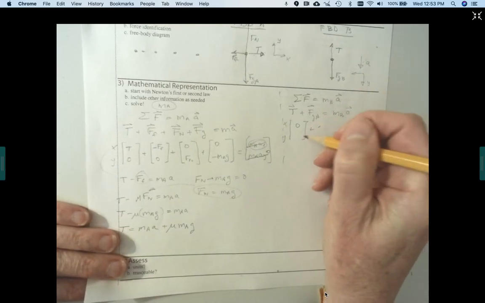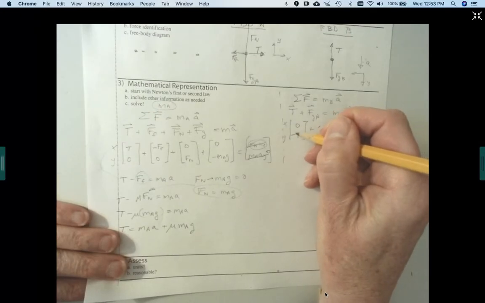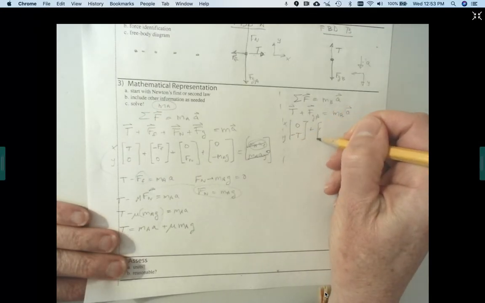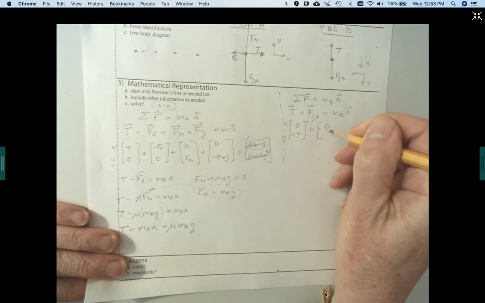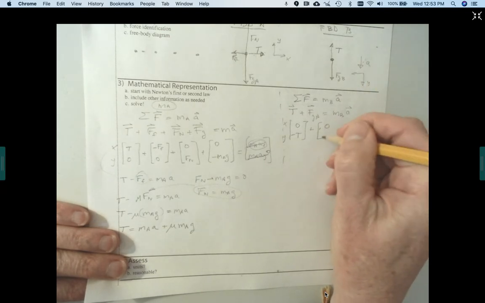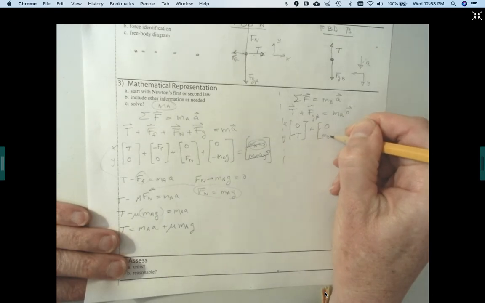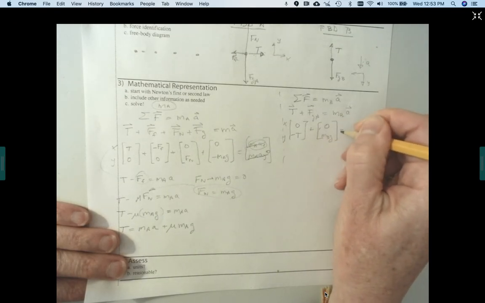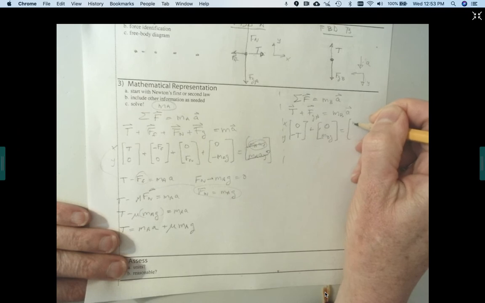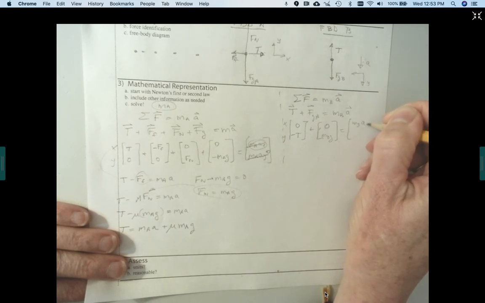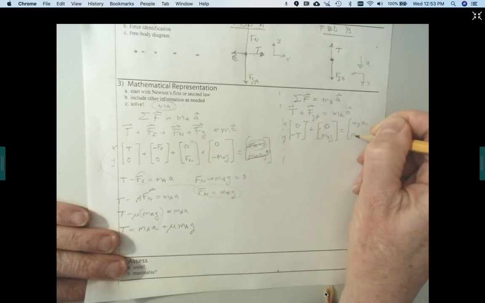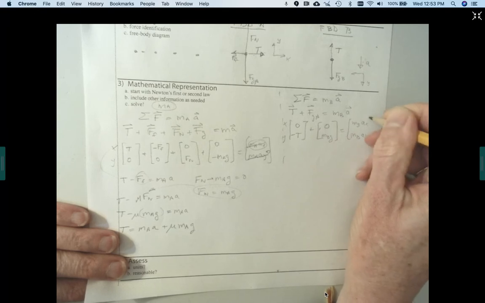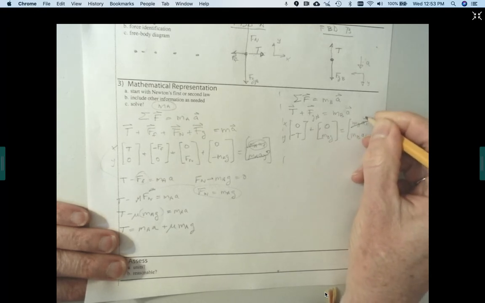So now tension is negative. And then the force of gravity has nothing in the X, and it is in the positive direction, so we're going to do MBG positive, and then that equals MB AX and MB AY. So that one is 0.